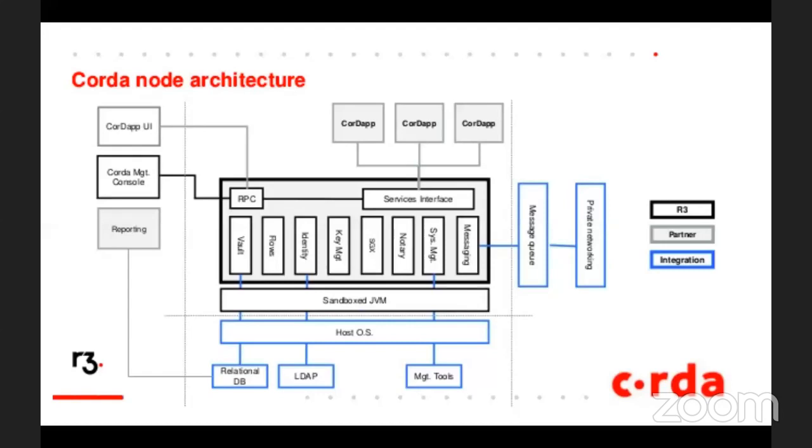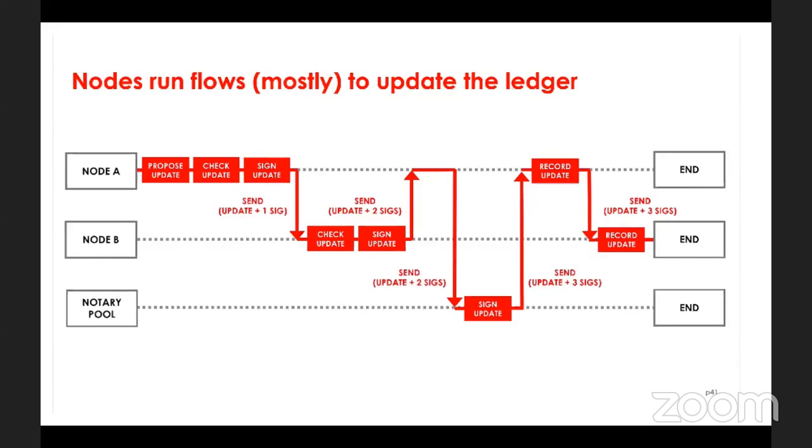Then there are also private partner networking tools and message queues. The reporting tool, when you use the enterprise license, you will get access to these reporting tools. They directly access the relational database, be it PostgreSQL or MS SQL or MySQL or whichever relational database that you're using. So Corda nodes run flow to update the ledger.